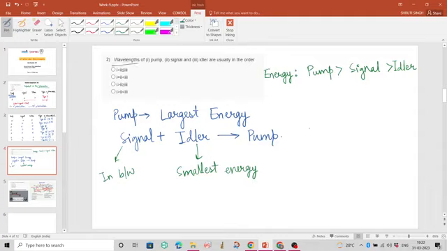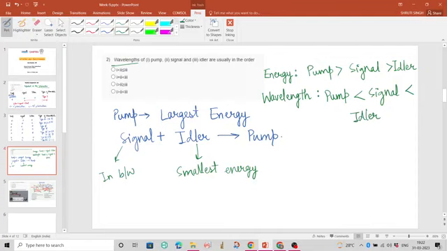So wavelength will be the reverse of energy order, because energy and wavelength are inversely related. So for wavelength, we will have pump least, then the signal, and then the idler.